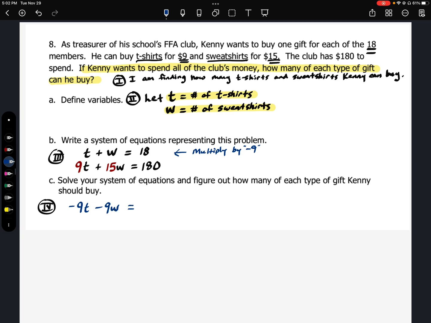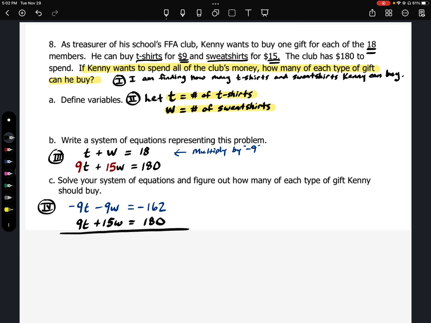And then -9 times 18, let's see, 90 plus 72, is -162. Double check it on the calculator. If I got it wrong, sorry. That means everything else will be wrong, but I'll have to go back and check it in a little bit. I'm going to bring down the other equation. I have 9t plus 15w equals 180.